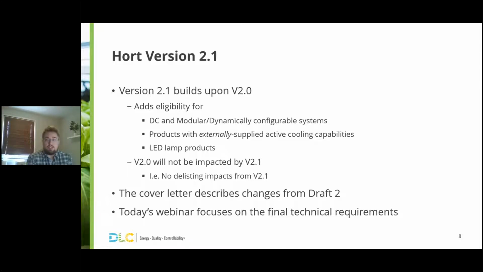How we think this works is because the lamps pathway, for example, lays out a nice transition for growers who are still using legacy sources and are interested in switching over to LEDs, but aren't ready to make the full switch to full fixtures. And then also the DC and actively cooled pathways we find really interesting, and we think these solutions really can help yield greater facility level efficiencies.